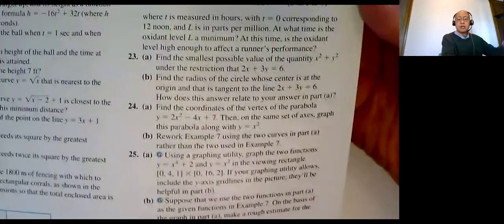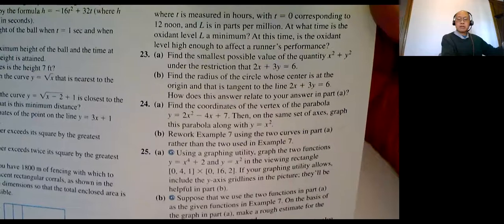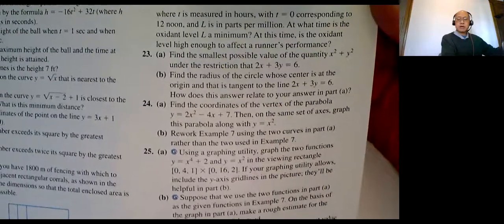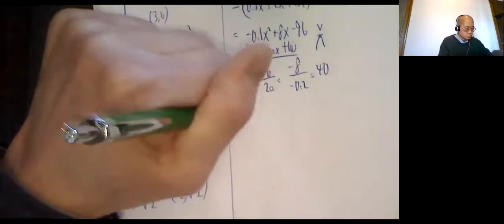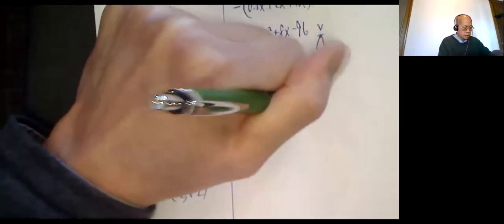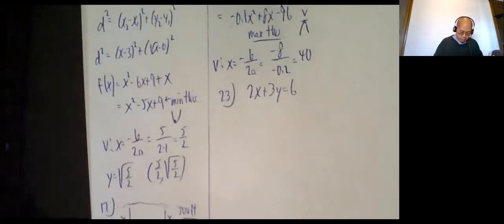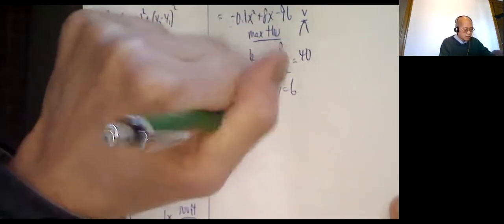Find the smallest possible value of the quantity x squared plus y squared under the restriction that 2x plus 3y equals 6. Okay, so how do you do that? 2x plus 3y equals 6, and you're trying to minimize x squared plus y squared.